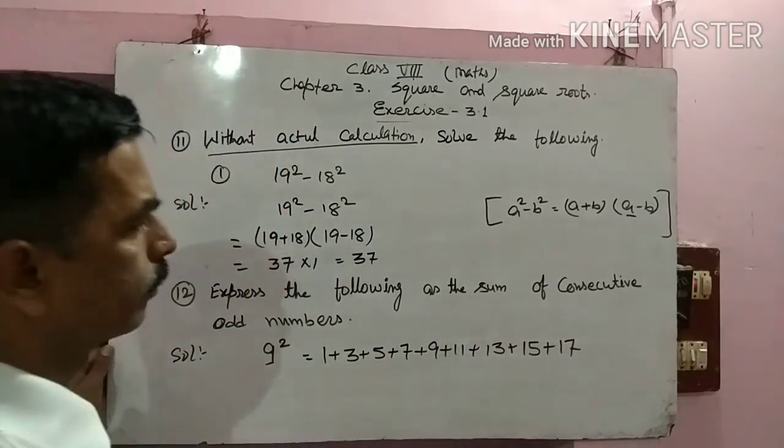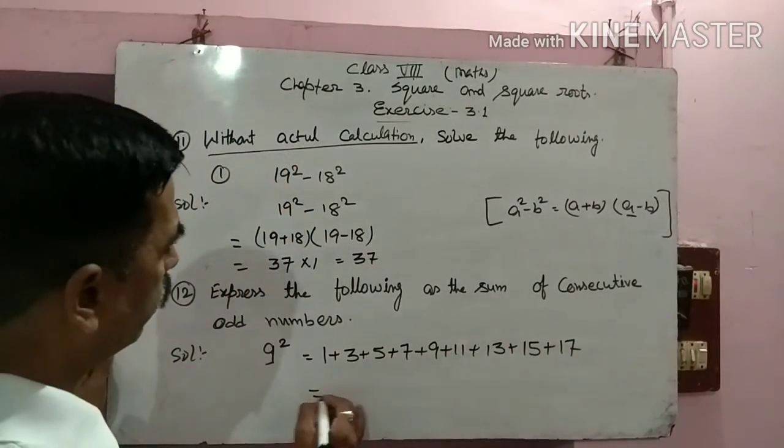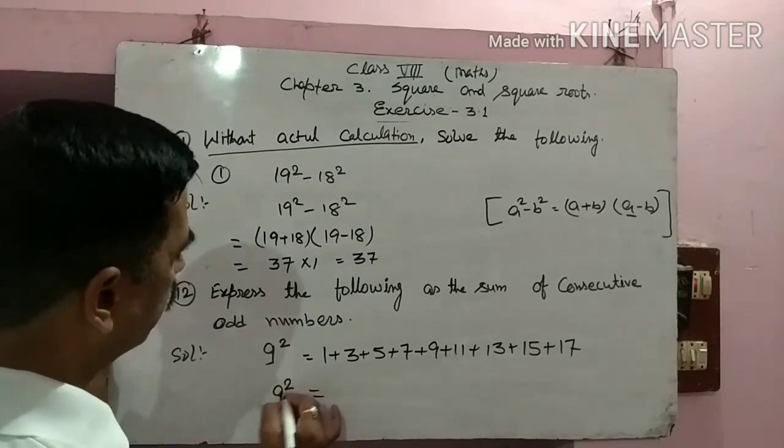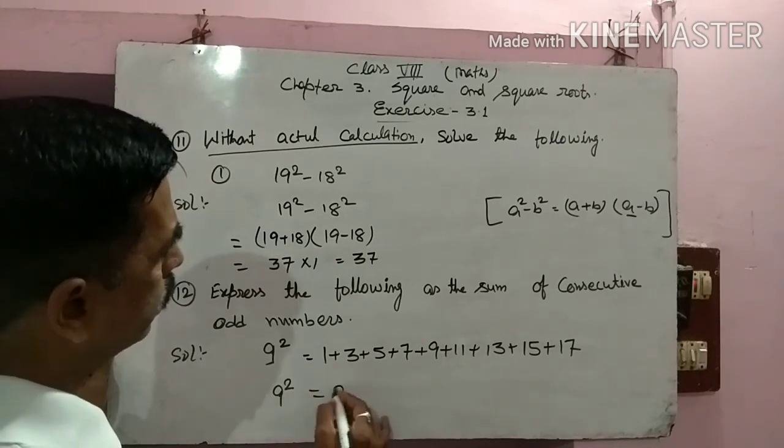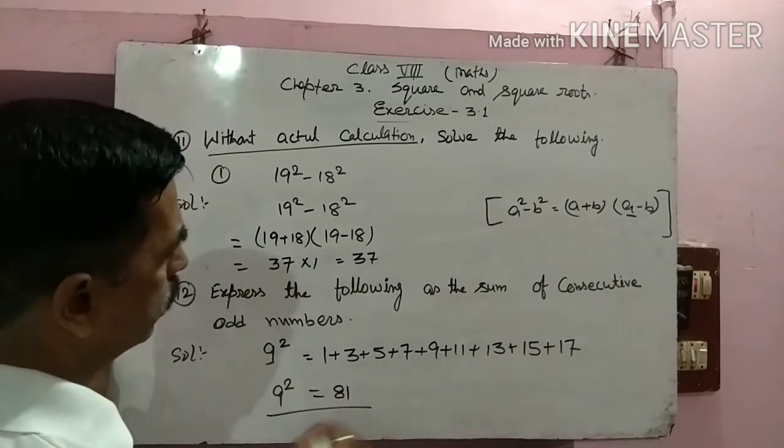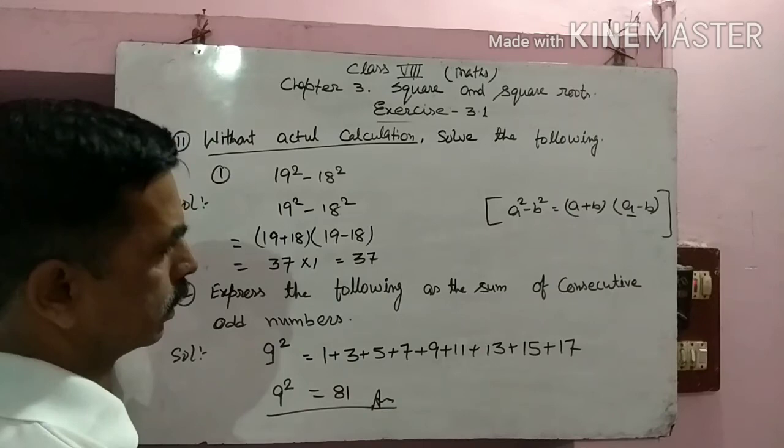So this is the answer. And if you want to get the result, this is equal to 9 into 9. 9 square means 9 into 9, which is 81. So this is the answer.